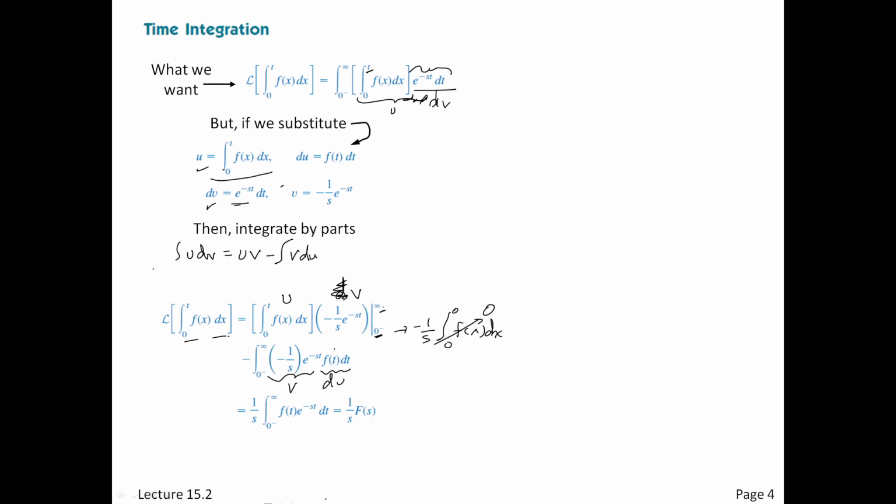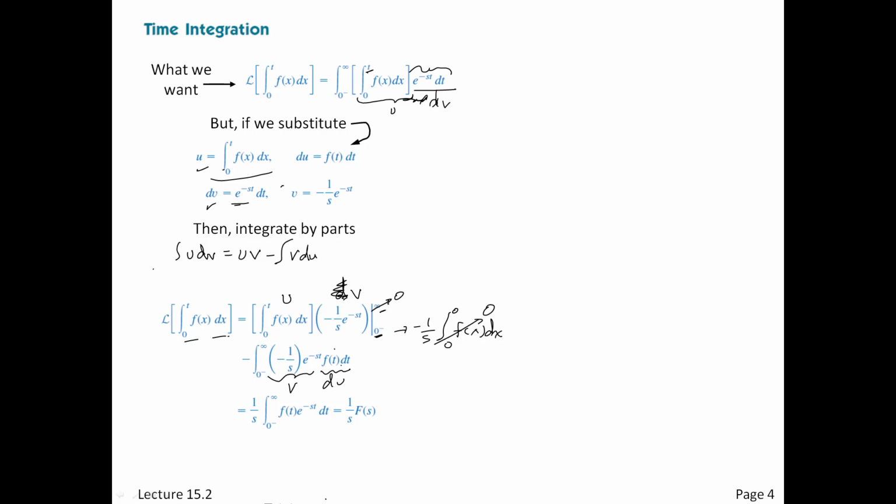The upper limit of infinity for t, it was then e to the minus s infinity, so 1 over e to the infinity. This is going to force it to 0. So both portions of the first part at those limits are 0. So we're left with evaluating the second part, and we're doing e to the minus st, f of t dt.